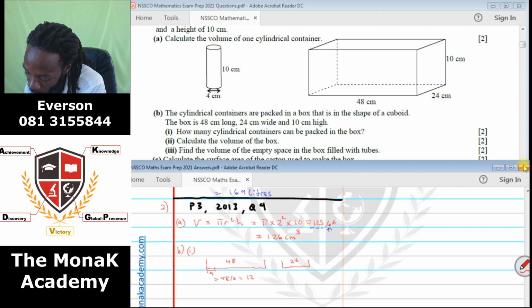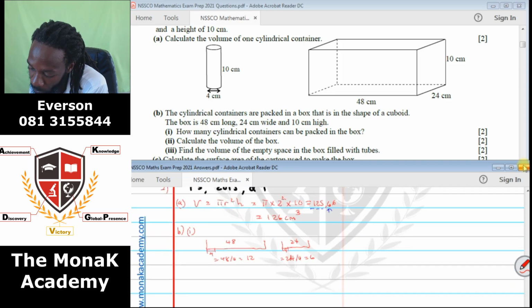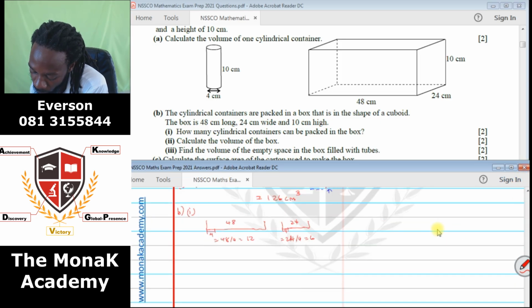It's 24, and we want to fit 4, which means 6 widthwise, so the total will be 12 by 6. Cylinders.